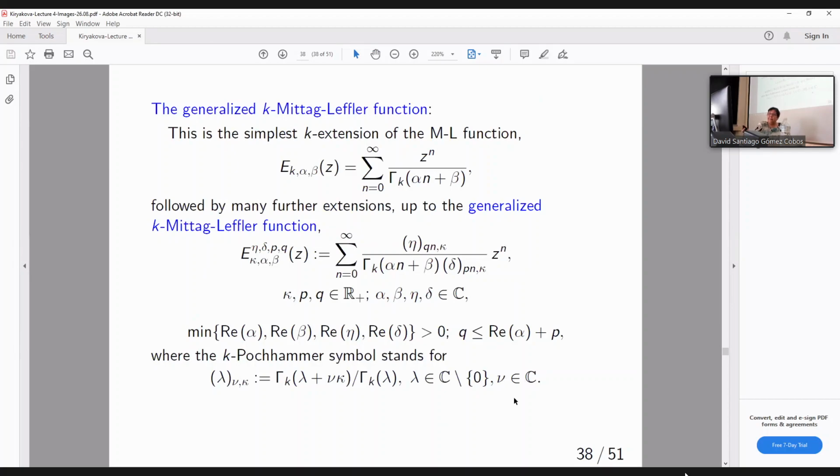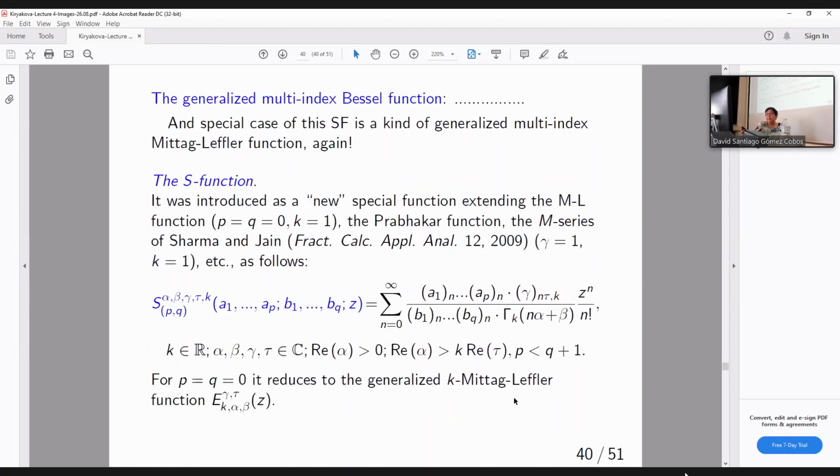So more complicated analogs are these. The approach works in the same way. And I mentioned about these functions. You see the definition.